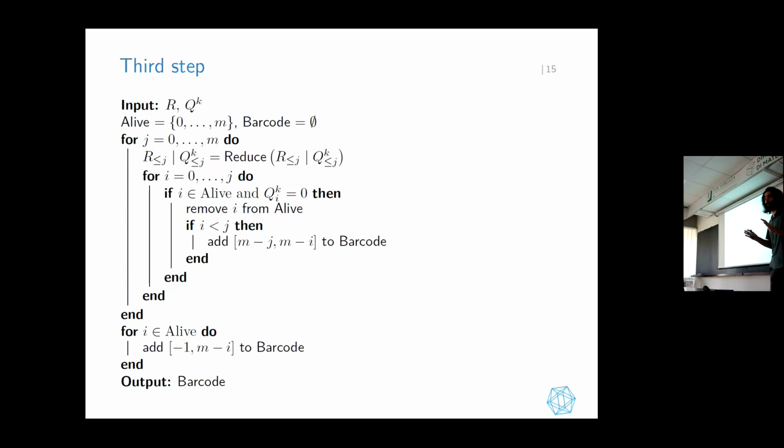But we have theoretical guarantees that any co-cycle representative will play well in this third step. So it doesn't affect the barcode. Of course, it does affect the computations. That's right. Yep.